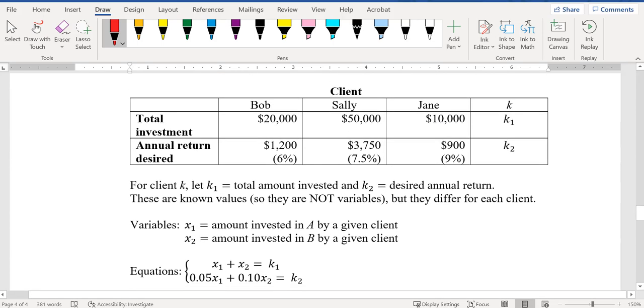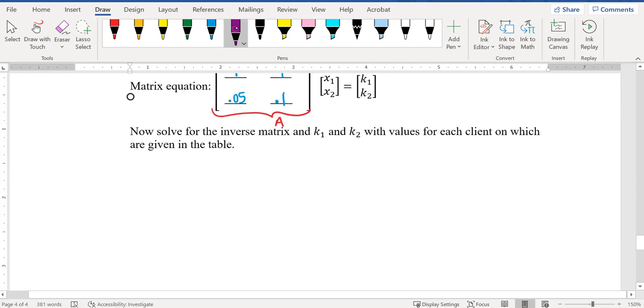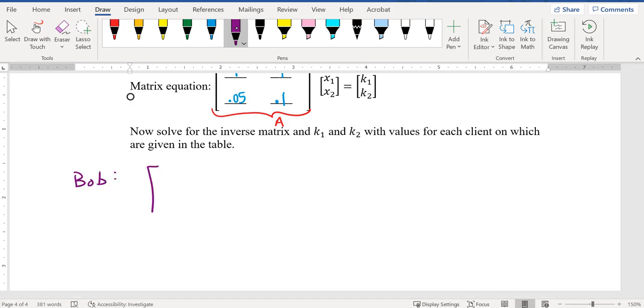Okay, so for Bob, K1 is 20,000, K2 is 1,200. So here we go for Bob. Our solution, x1, x2, equals A inverse times B, right? So what was our A inverse?